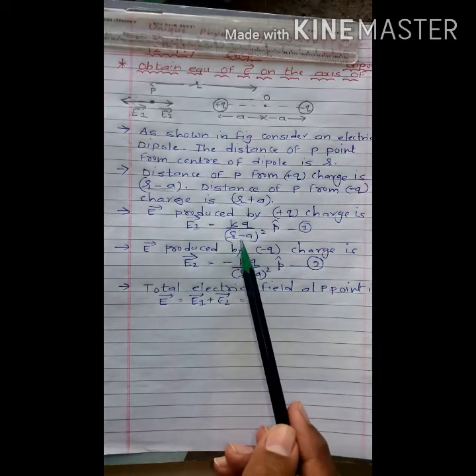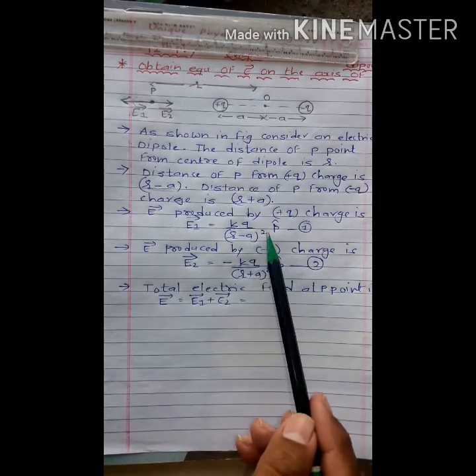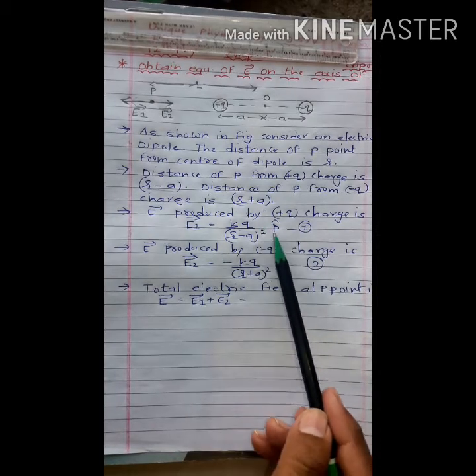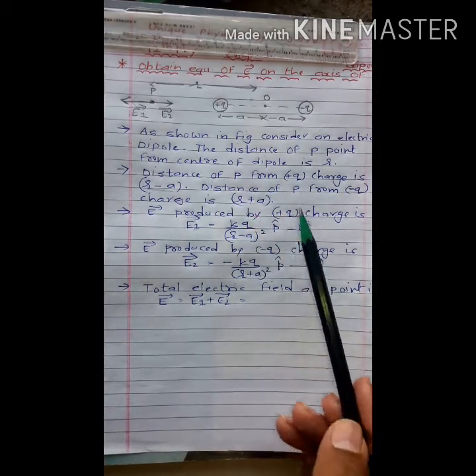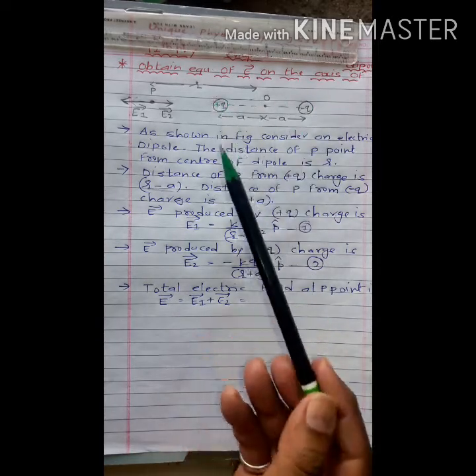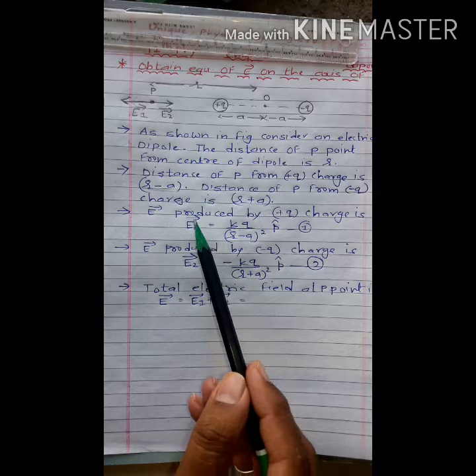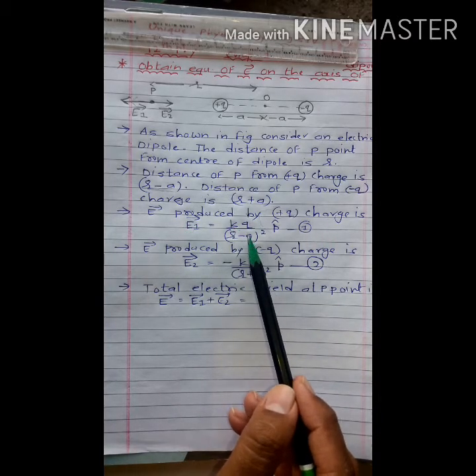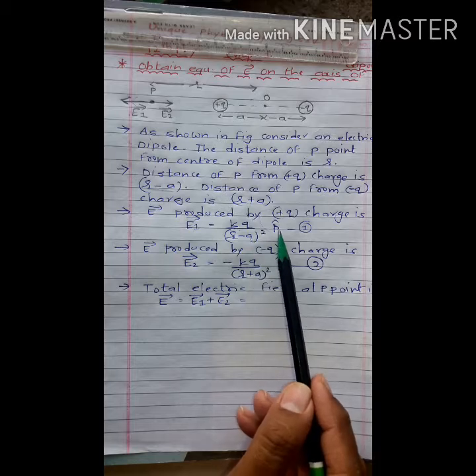That's why we use kq upon r minus a whole square into p cap. This is our equation number 1, where p cap represents unit vector and we already know that direction of p cap is from negative charge to positive charge.